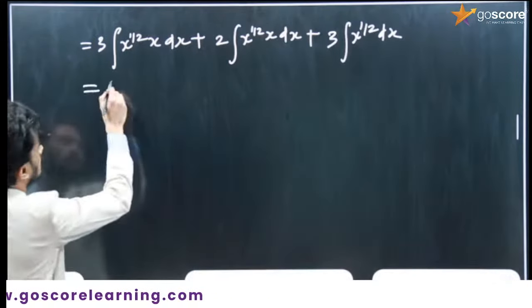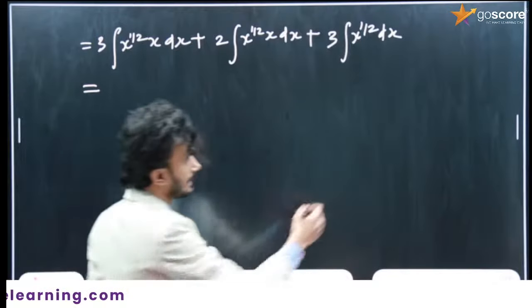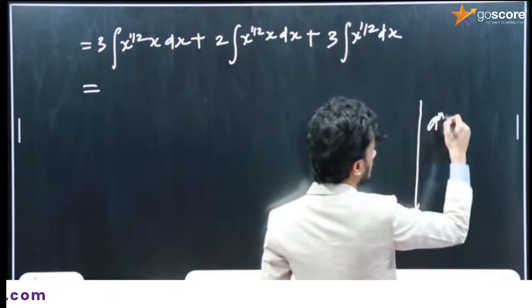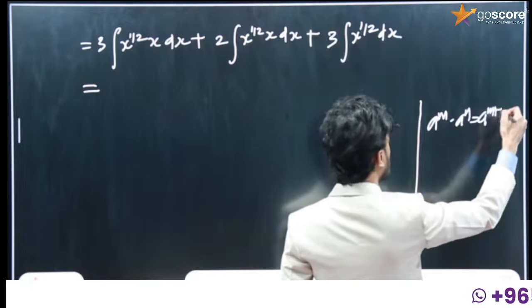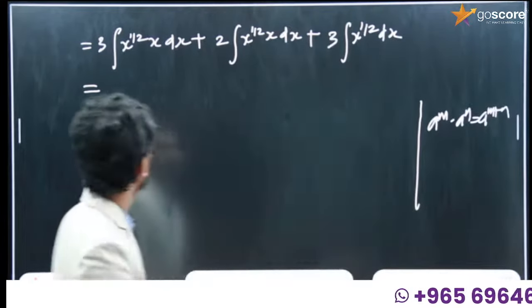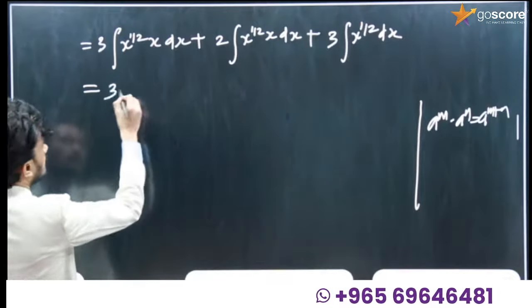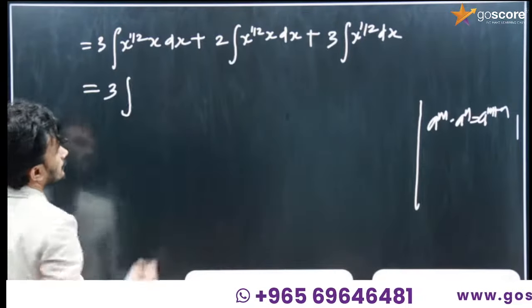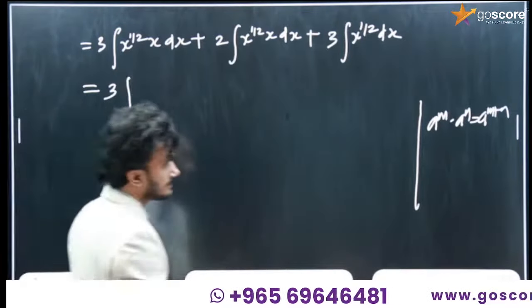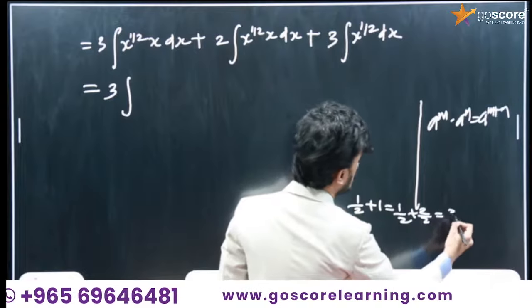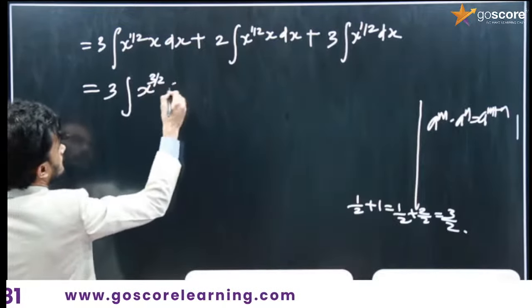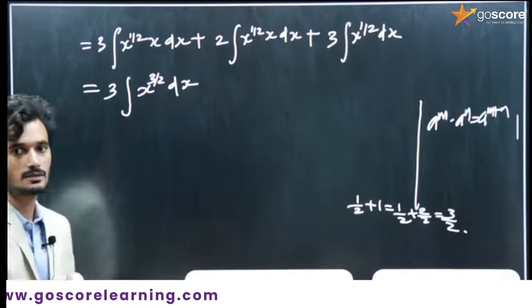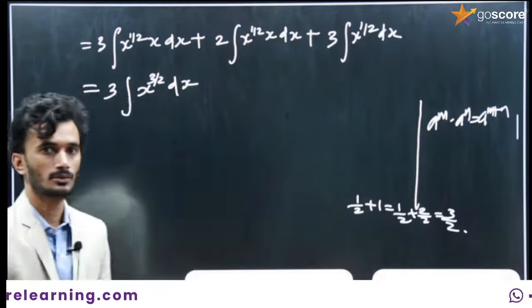So you can see this is again in a raised to m into a raised to n form, which is a raised to m plus n. So 3 into the integral of x raised to 1 by 2 plus 2, which is 1 by 2 plus 4 by 2, is 5 by 2, so x raised to 5 by 2 dx.